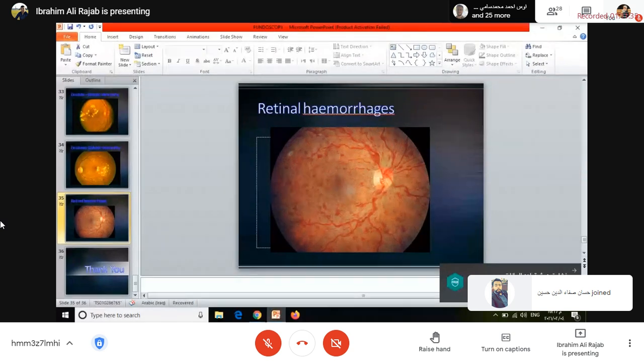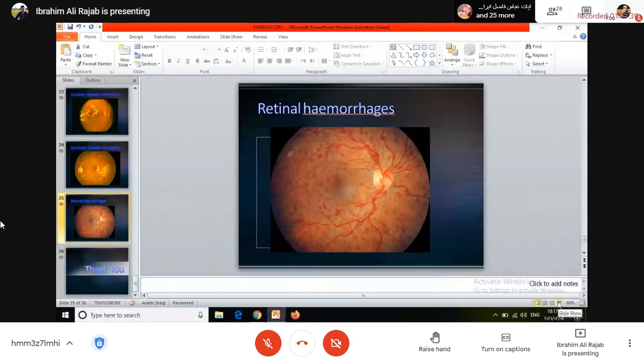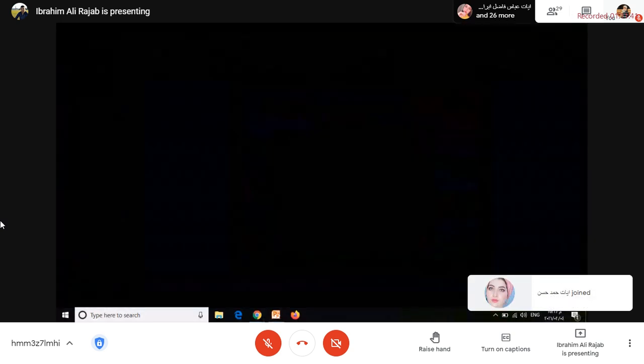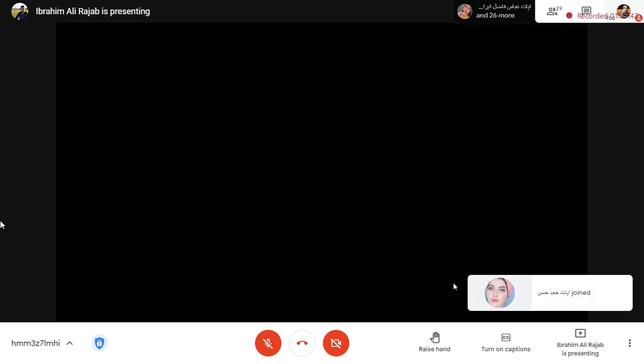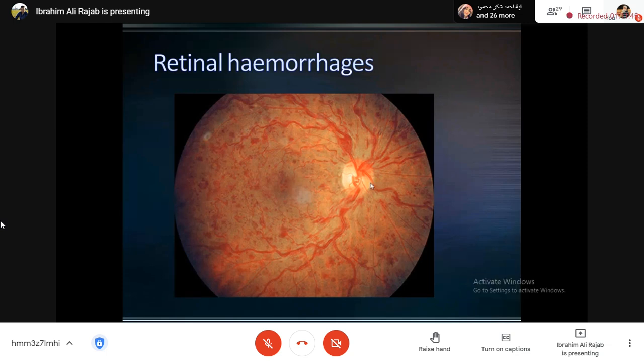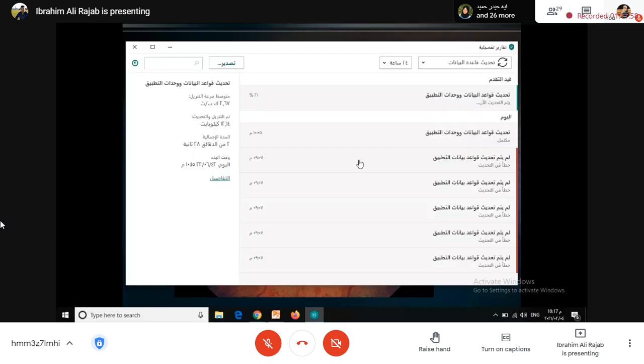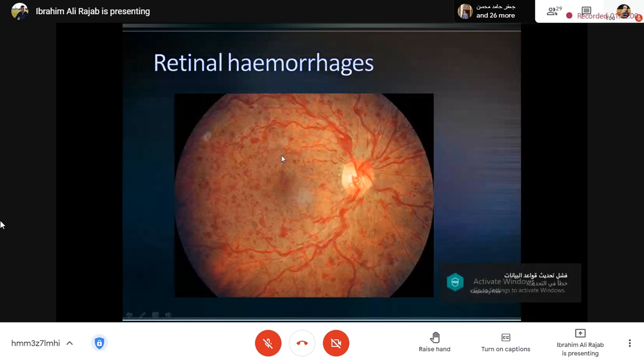In a patient with central retinal vein occlusion, the disc may be edematous, and you are right. Sometimes the disc is swollen. In other cases, because the severity of the occlusion is different, we have what is called non-ischemic central retinal vein occlusion.